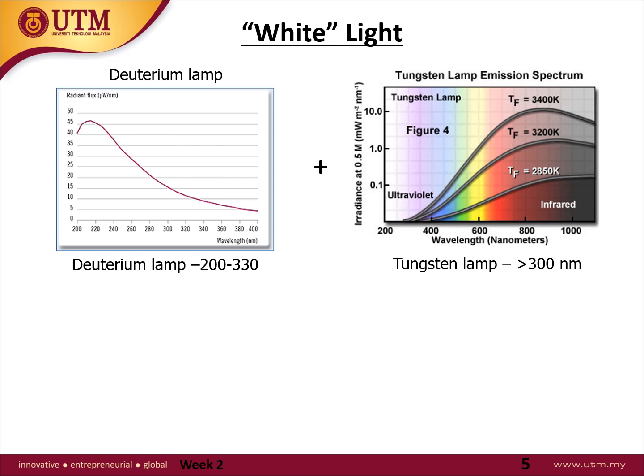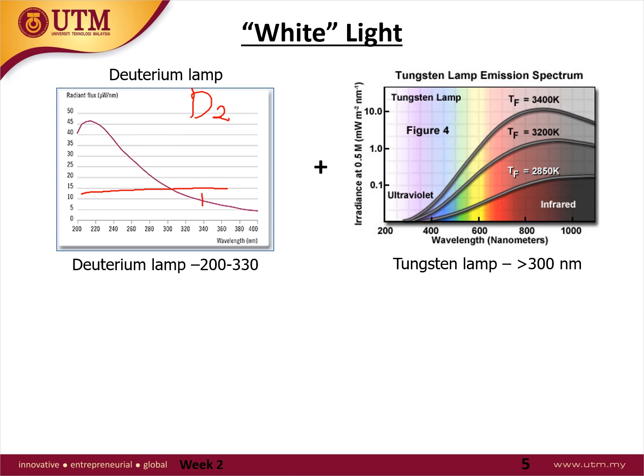The D2 lamp, we call the deuterium lamp the D2 lamp. It has a lifespan and can give wavelengths from 200 to 330, but the radiant flux is decreasing with each wavelength.